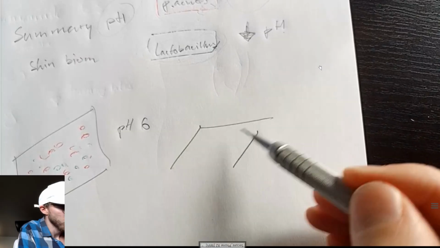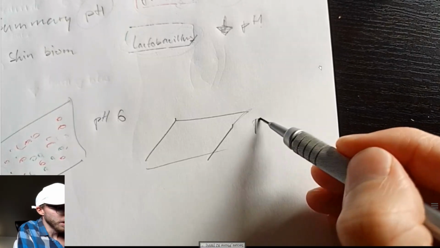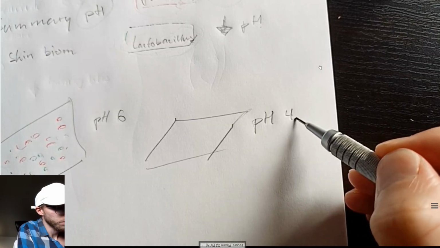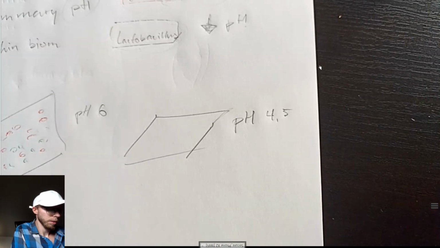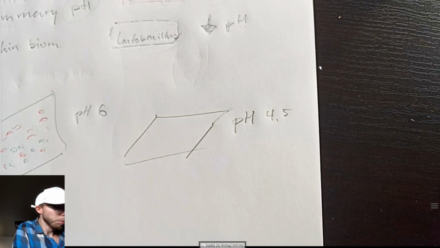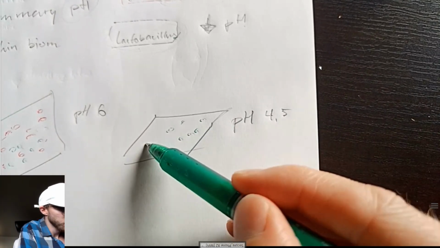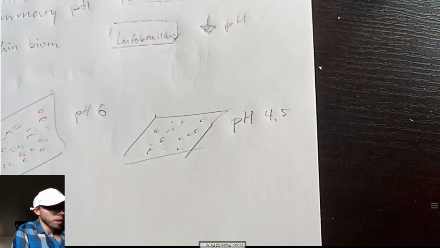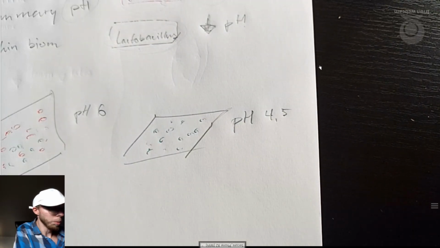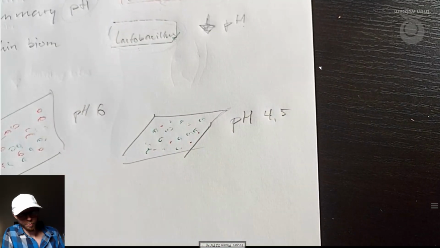We just now create a new skin surface, and now let's lower the pH to around 4.5 or 5, and then the lactobacillus will be more dominant on the skin, right? And then P. acnes, there will still be some harmful bacteria potentially, but there will be much less.